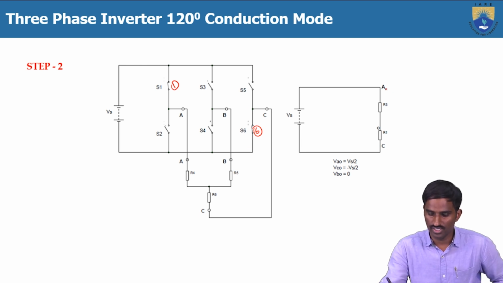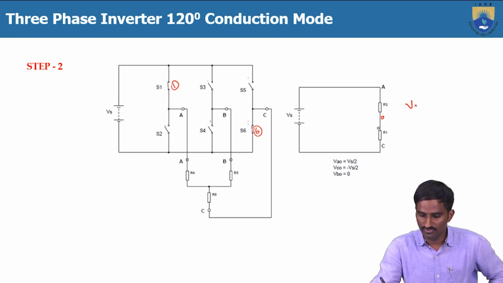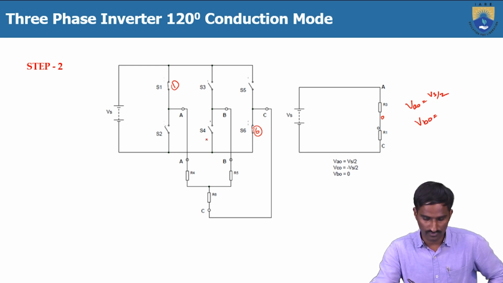So here VAO and VCO: VAO is equal to Vs by 2, and for phase B there are no switches turned on, so VBO is equal to 0, and VCO is equal to minus Vs by 2.